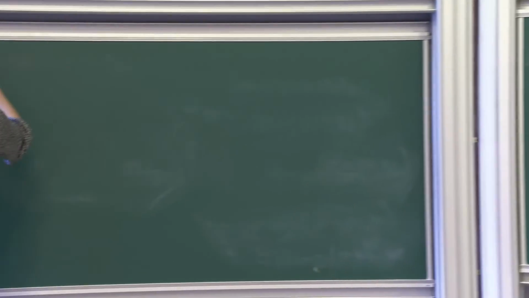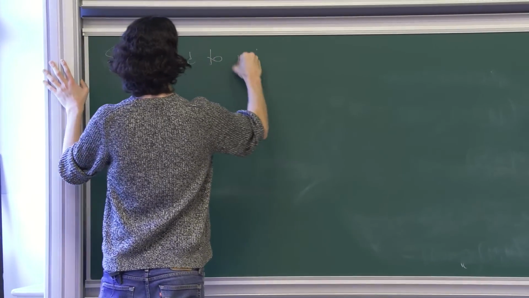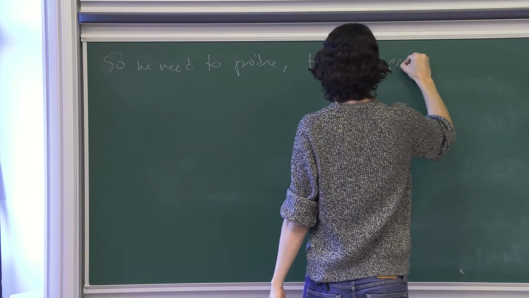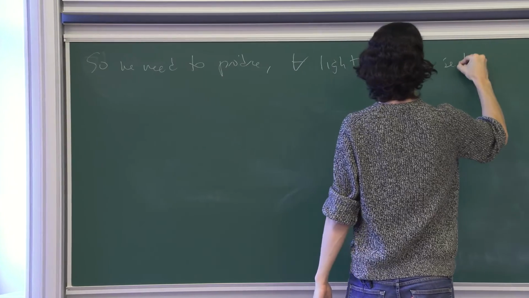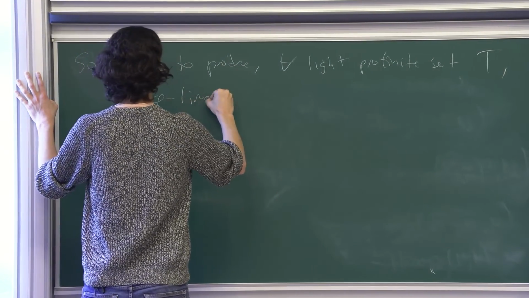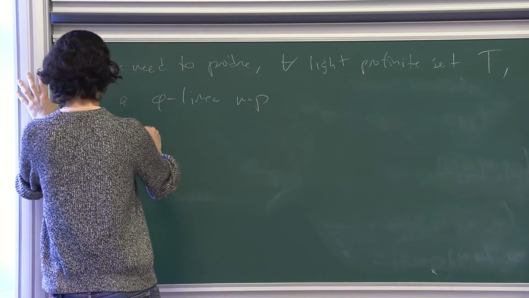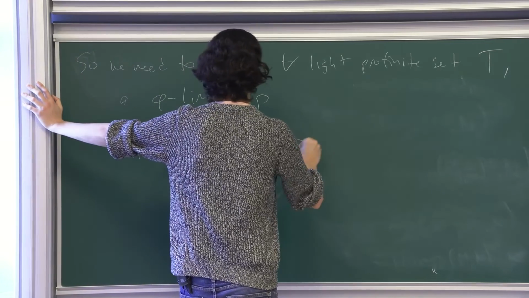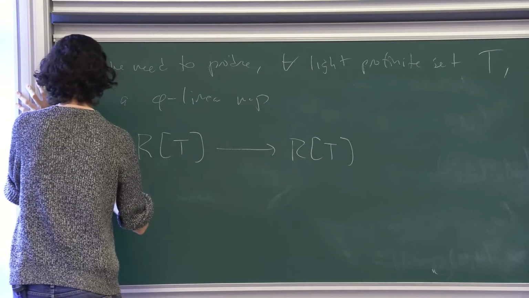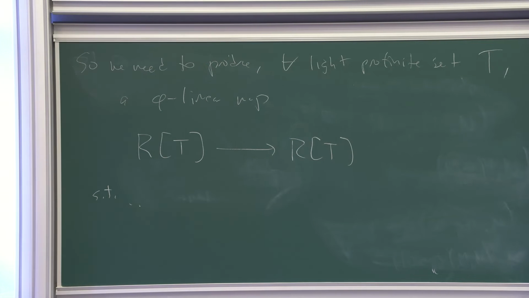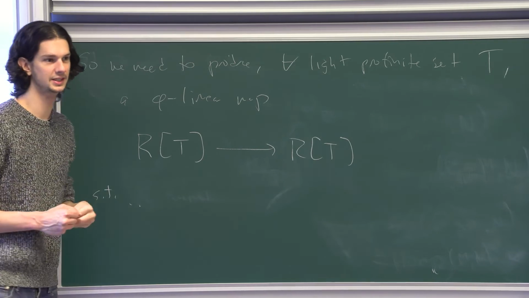We need, for every light profinite set T, a Frobenius linear map from R bracket T to R bracket T, satisfying, well, it should be functorial in T, and it should satisfy this little extra condition relating to when you take a map from T to R. Okay?